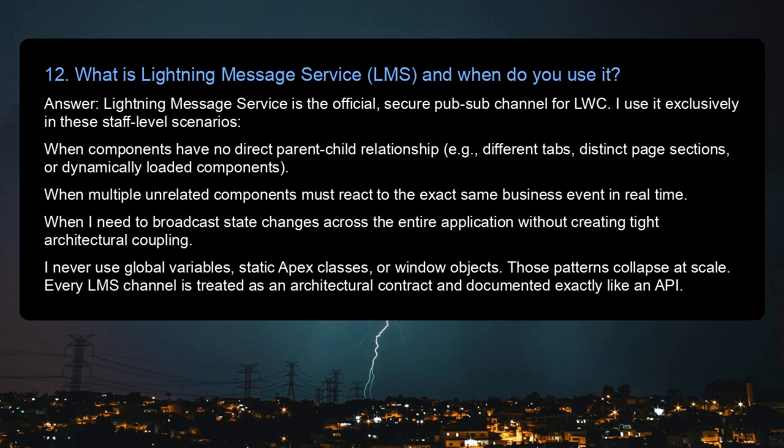I never use global variables, static Apex classes, or window objects. Those patterns collapse at scale. Every LMS channel is treated as an architectural contract and documented exactly like an API.